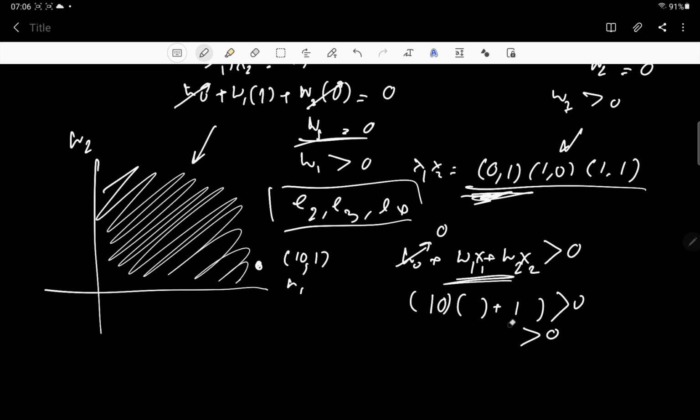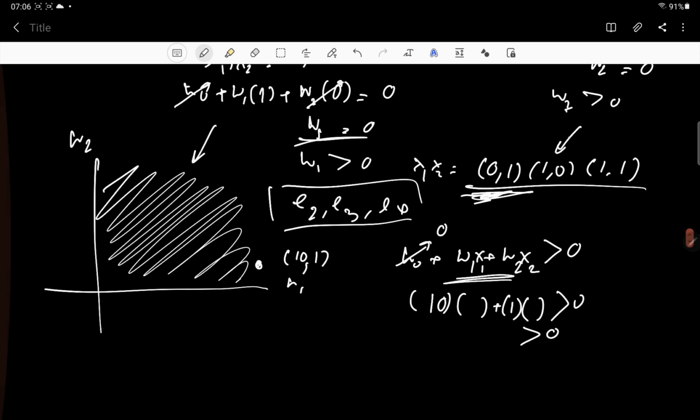So guys, in the second example, x1 is 1 and x2 is 0. So 10 times 1 and 1 times 0. So it will be 10, greater than 0, so it will be positive again.